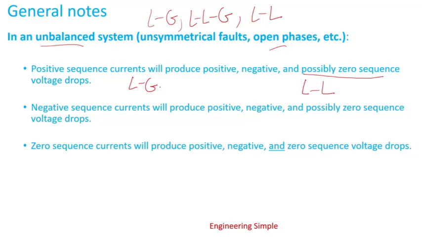With a line to ground or line to line to ground, you will have zero sequence. And if you have a neutral that's grounded, it will flow through that neutral. Negative sequence currents produce positive, negative, and possibly zero sequence, basically the same. Zero sequence currents will produce positive, negative, and zero sequence voltage drops.